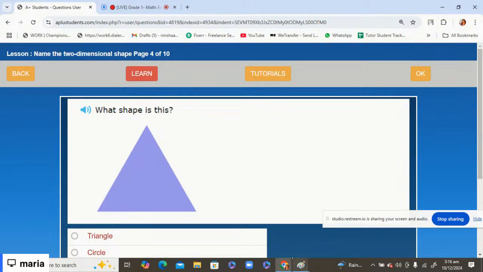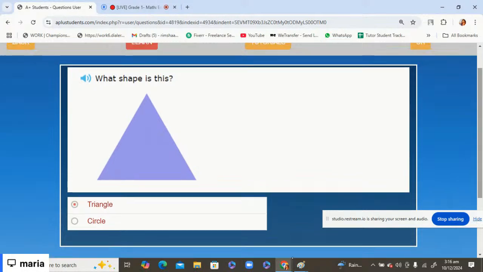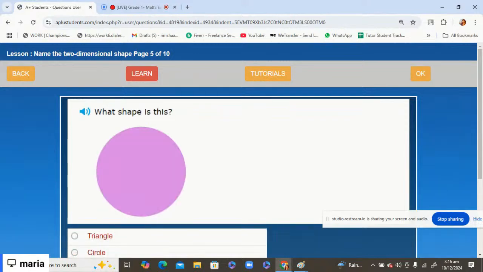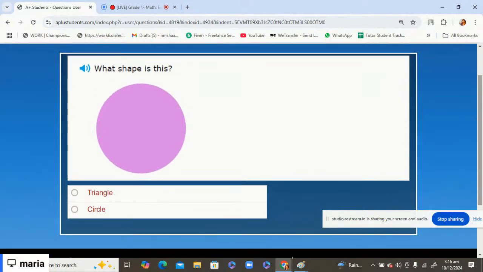Okay. Now tell me the answer of this one. What shape is this? Triangle or circle? That is again triangle. Good. Okay, so look at here in this one. What shape is this? This is a round shape.